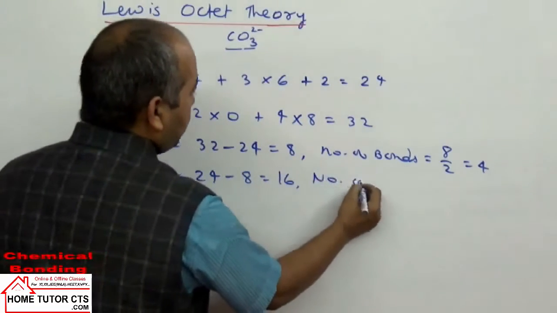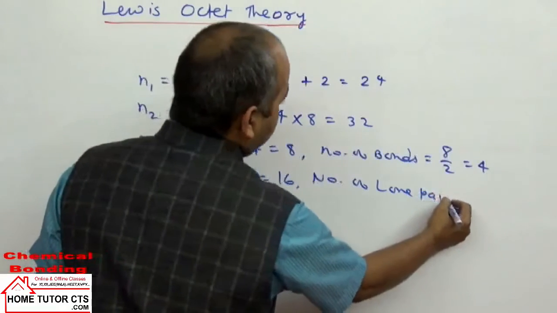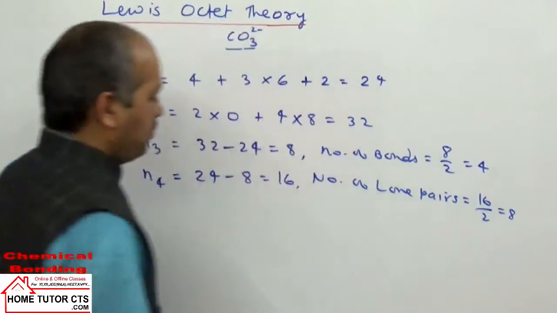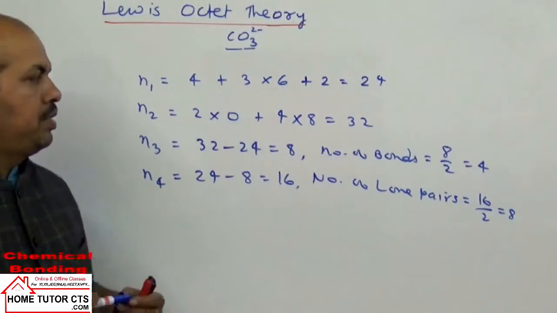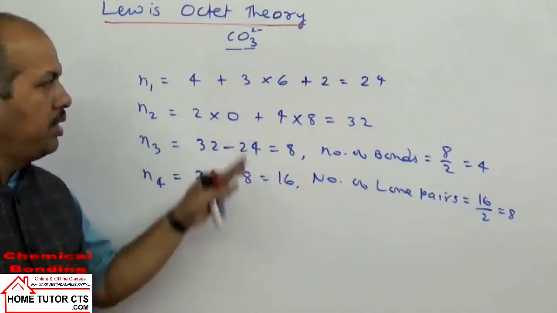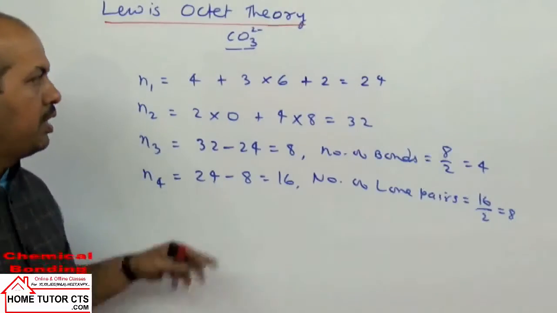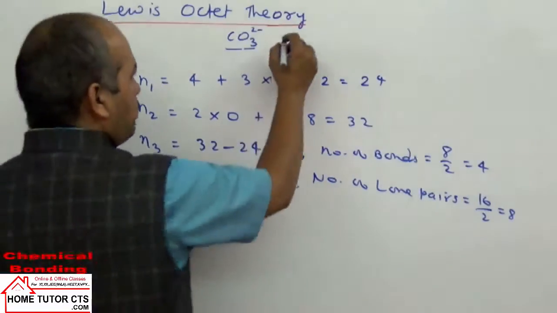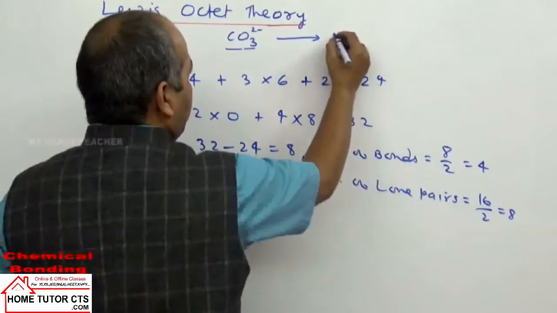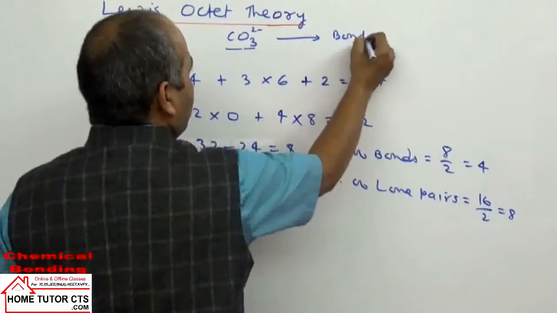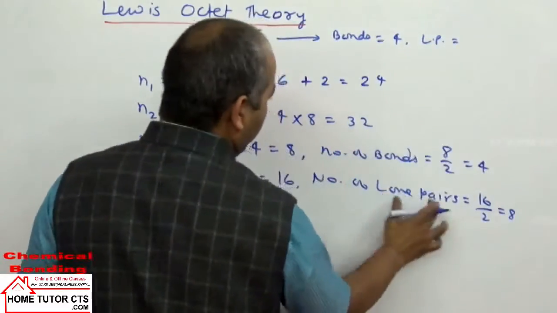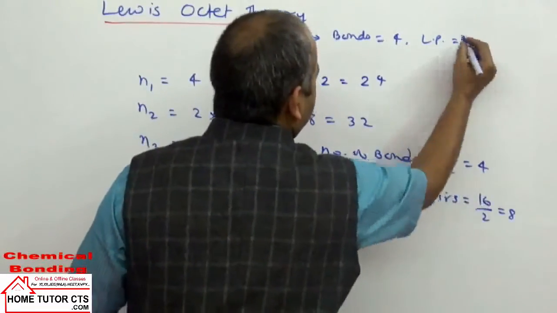So it gives rise to the number of lone pairs: 16 by 2, 8. So first we have to find the values of N1, N2, N3, N4. Have you got the values? Now from this result, in the carbonate ion we have number of bonds 4 and number of lone pairs, I'm writing LP for short, 8.